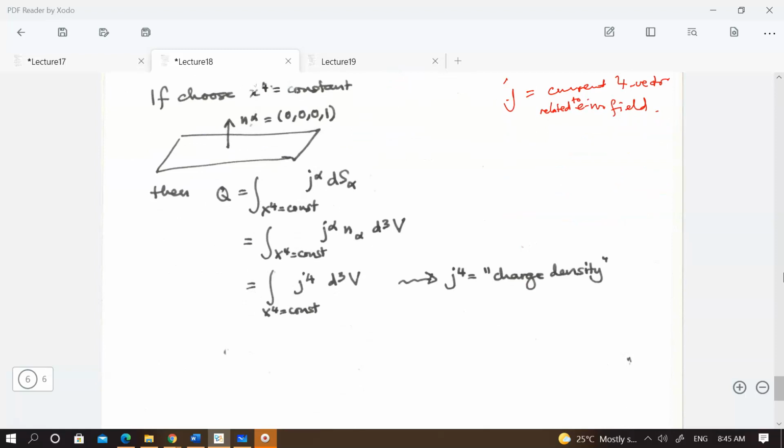There is another thing that one can do, which is to consider a particular surface, say x4 equals constant. That will give you this kind of surface over here.